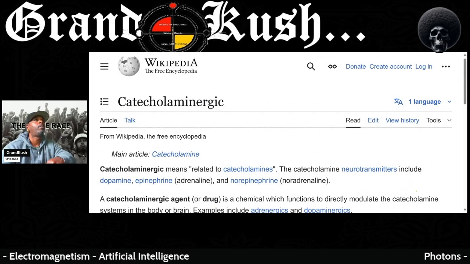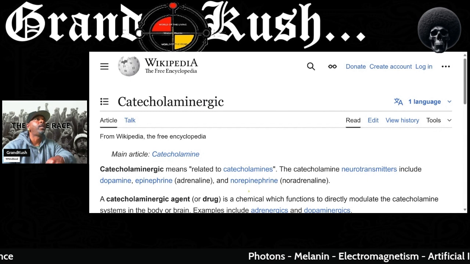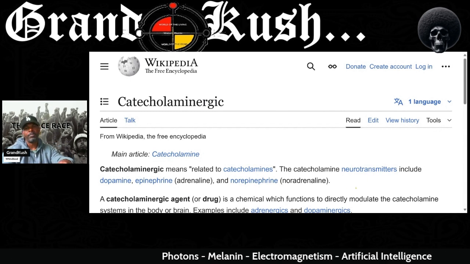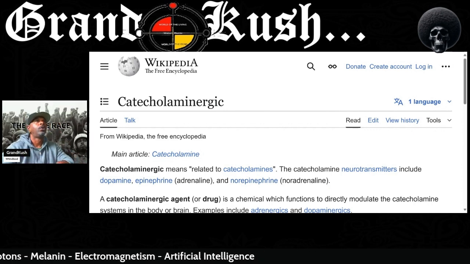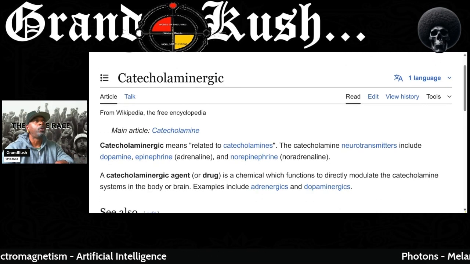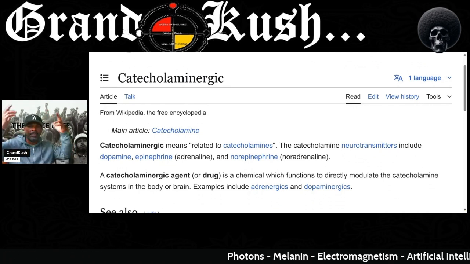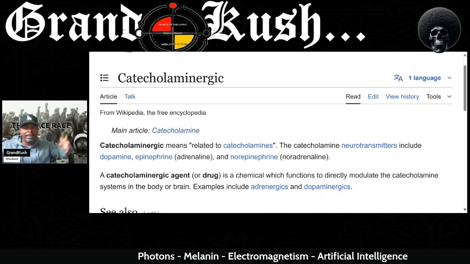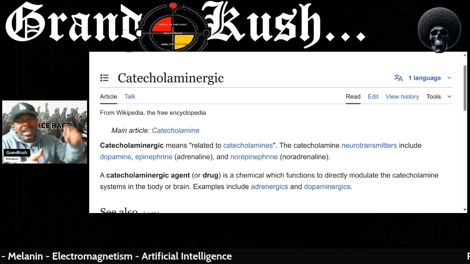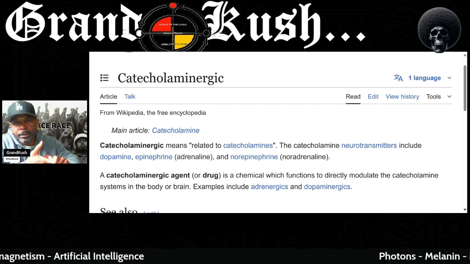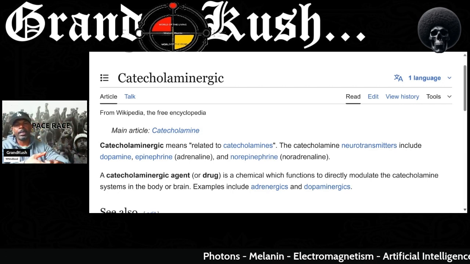Catecholamines, the catecholamine neurotransmitters include dopamine, epinephrine, and norepinephrine. And if you don't understand this, that goes along with eumelanin. Okay. So what is society today? They're in a high dopamine state. Drugs, alcohol, big booty, BBLs, raunchy, trash rap music, you know what I'm saying?